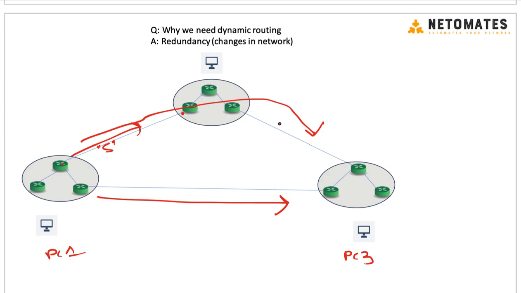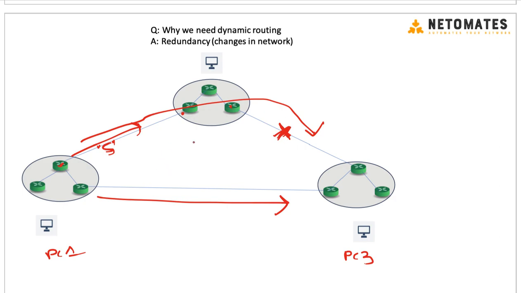But this link went down for some reason, so the packets will come here until the static route, and it will drop here because there is no connectivity. There is some issue with this physical link. So with static routing, this router will not be aware of the down part of this network, right?